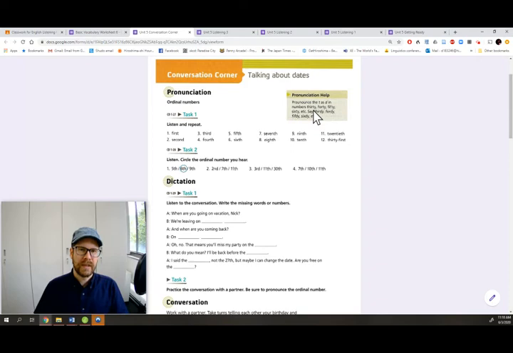So when we're saying things like 30, 40, 50, 60, even though it's written with a T, we usually say it with a D sound instead of a T sound. So we say 30, 40, 50, 60. So D instead of T. So the D and the T sound is a little bit different there.